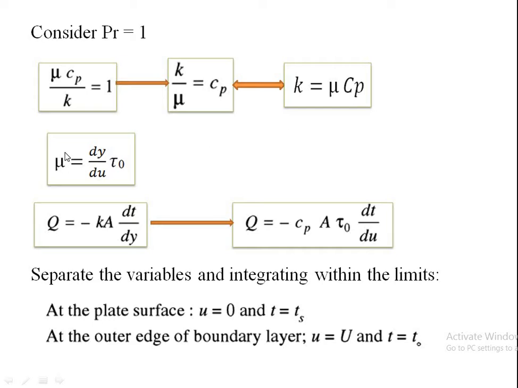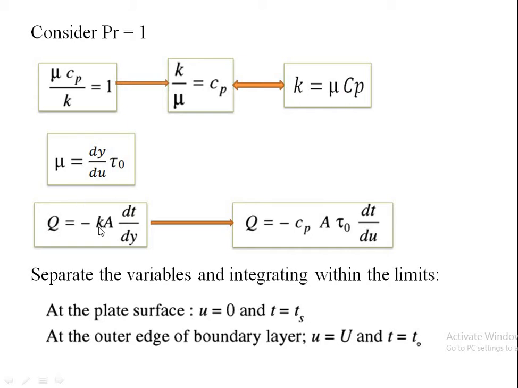By using Newton's law of viscosity, we can write the dynamic viscosity as mu is equal to dy divided by du multiplied by tau naught. So if you put the value of k in a thermal conductivity equation, thermal conductivity value k is equal to mu Cp.